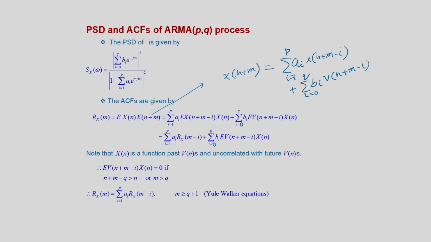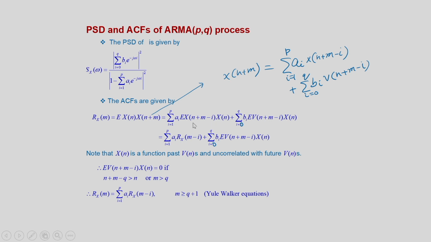We are expanding x[n plus m]. Then this autocorrelation function will be given by the summation i going from 1 to p of a_i into E of x[n plus m minus i] into x[n], plus the summation i going from 0 to q of b_i into E of v[n plus m minus i] into x[n].